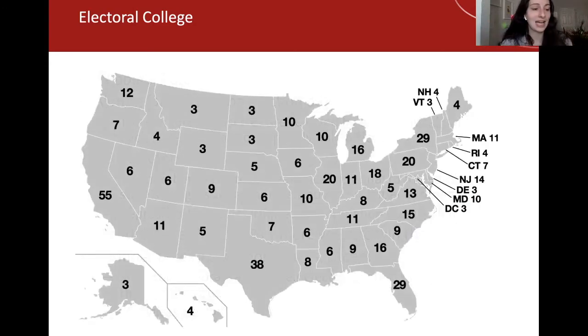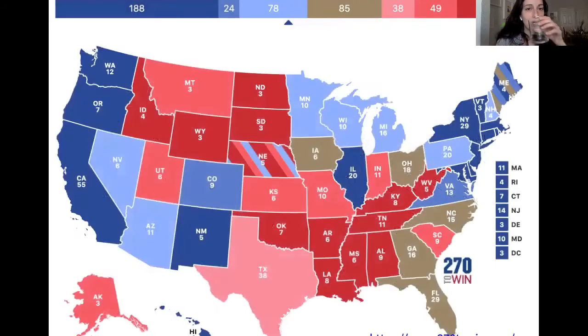Now we're going to look at a similar map. This one again shows the number of electors in each state. It also names the states, helpfully, but it is also very colorful, so let's break these colors down.